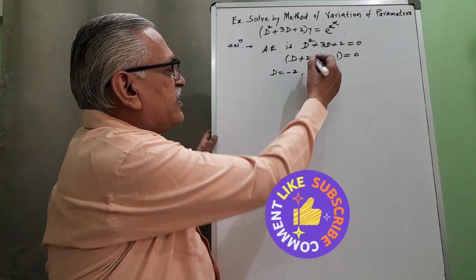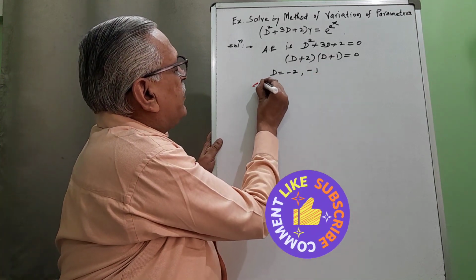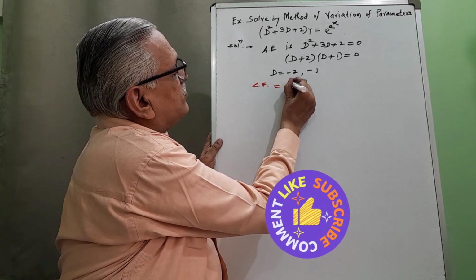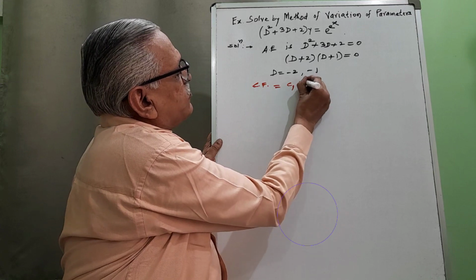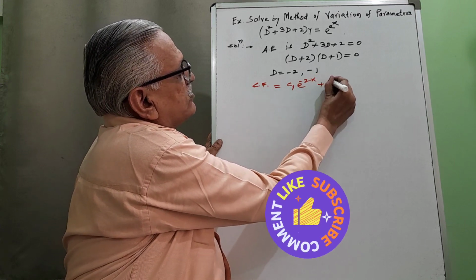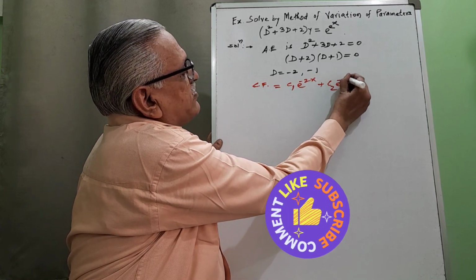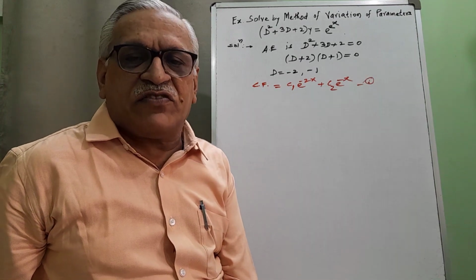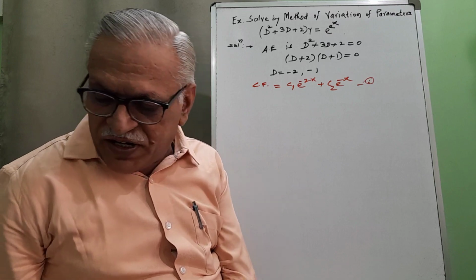As the roots are real and different, the way to write down the CF is C1 e raised to minus 2x plus C2 e raised to minus x, and we call this equation 1, where C1 and C2 are arbitrary constants.